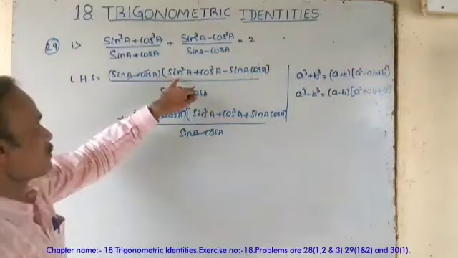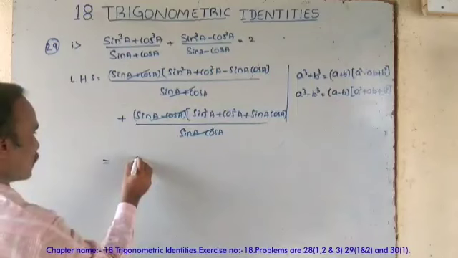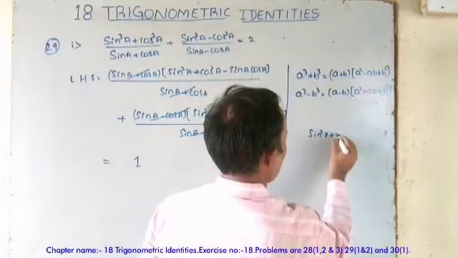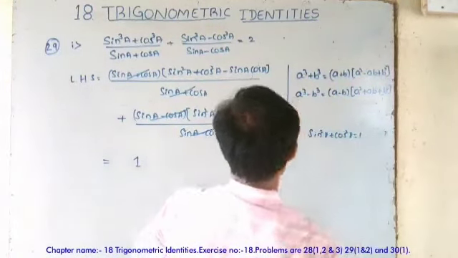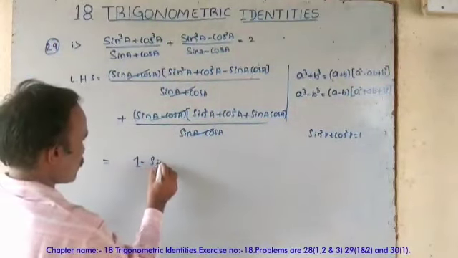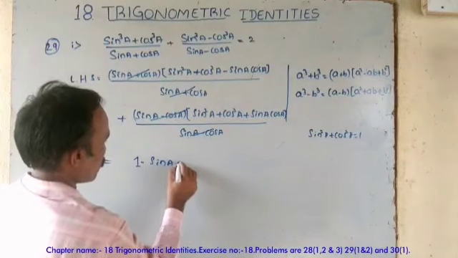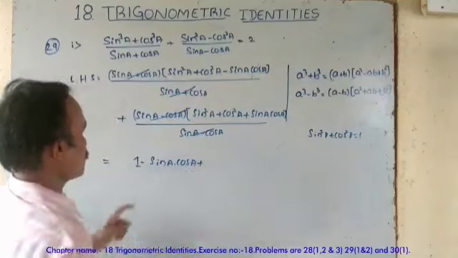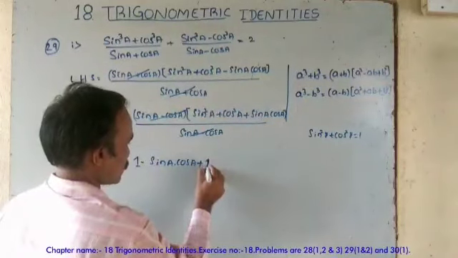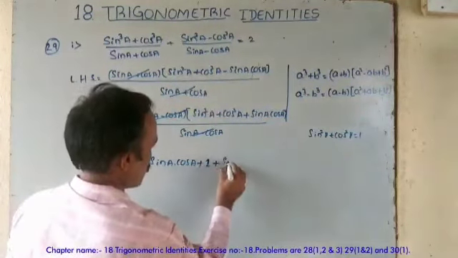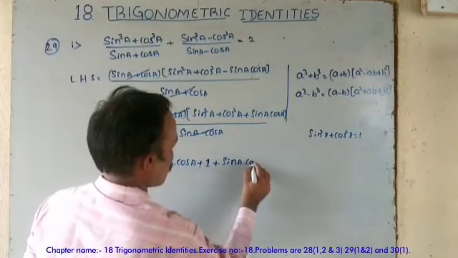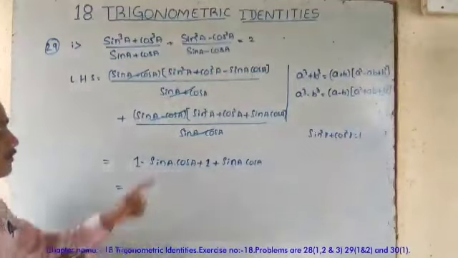Now very easy. Sin square A plus cos square A, this value is 1, again by using the identity sin square theta plus cos square theta is equal to 1. Therefore, similarly, sin square A plus cos square A is 1, minus sin A into cos A, plus here again sin square A plus cos square A, its value is also 1, plus sin A into cos A. We don't have any denominator, cancelled already.